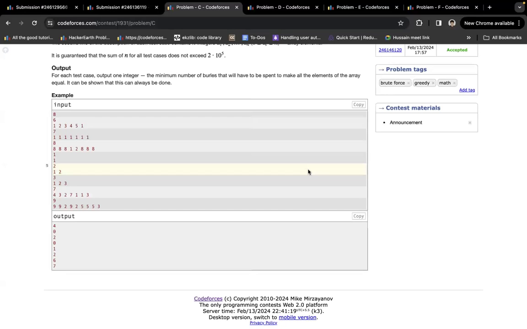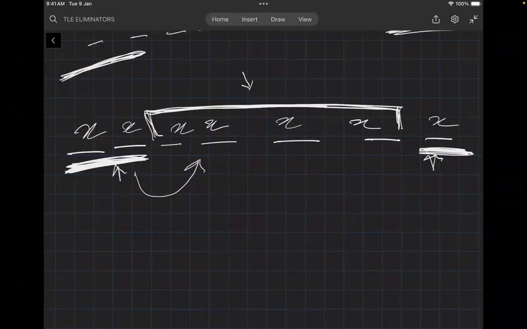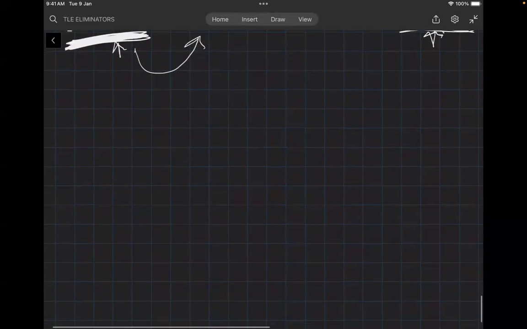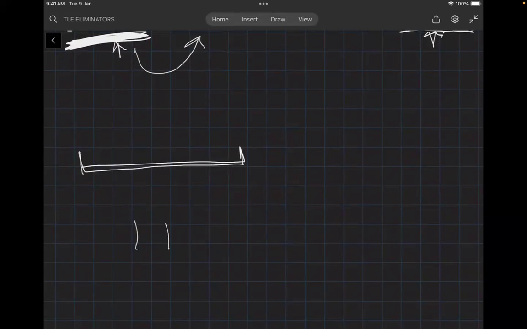Great. So if this much is clear, what did we observe? Some amount of prefix has to be equal, some amount of suffix has to be equal. So if we think greedily, we just find the size of the prefix such that all elements are equal. For example, if it's 1, 1, 2, 2, 3, 4, 5, then the size of the prefix such that all elements are equal is 2.